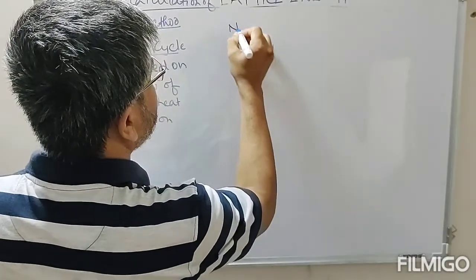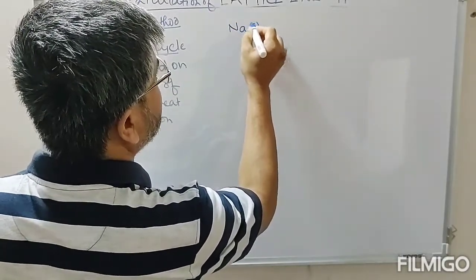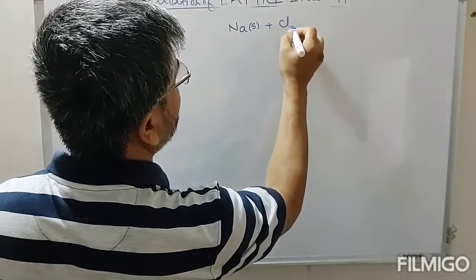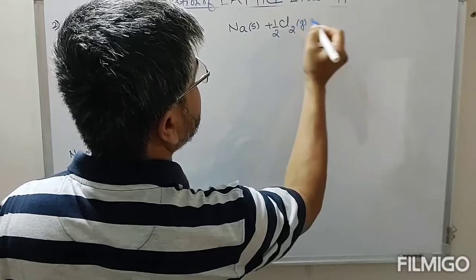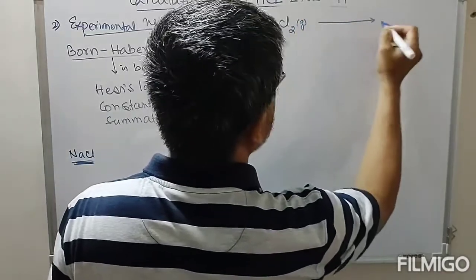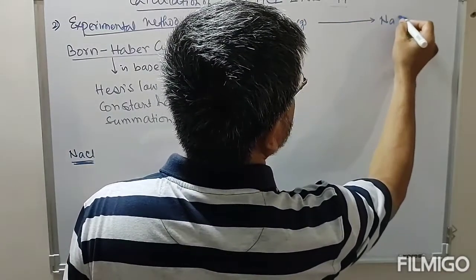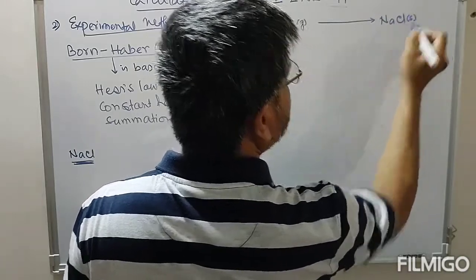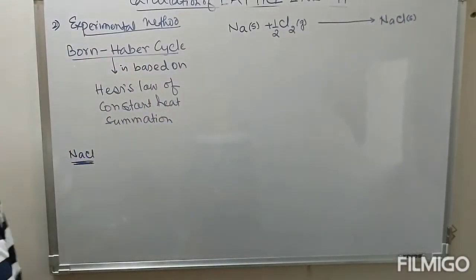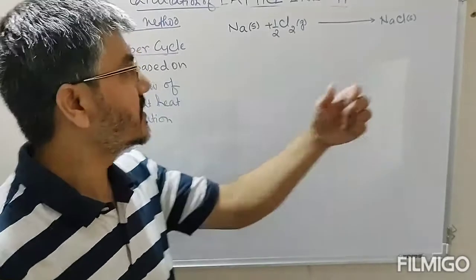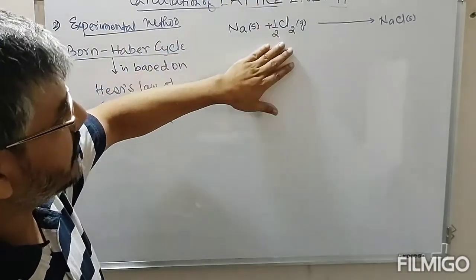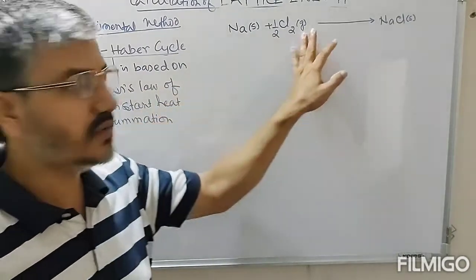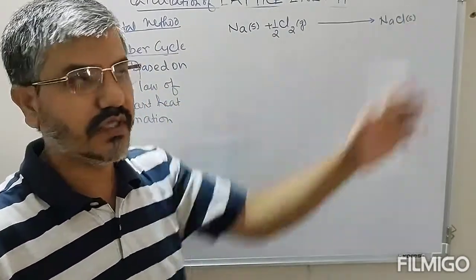We have sodium solid combining with half mole of chlorine gas, and this gives you sodium chloride solid. So simply we say sodium chloride formation is, we have sodium solid combining with half moles of chlorine gas to give you 1 mole of sodium chloride.